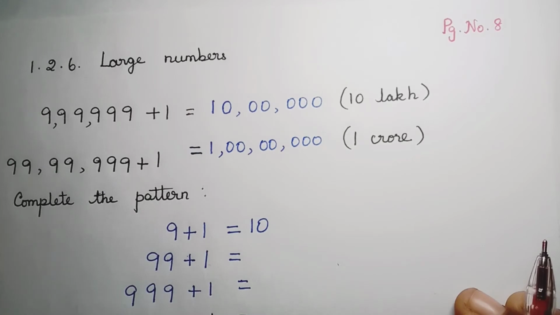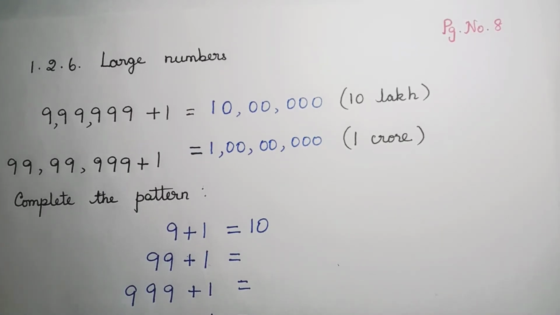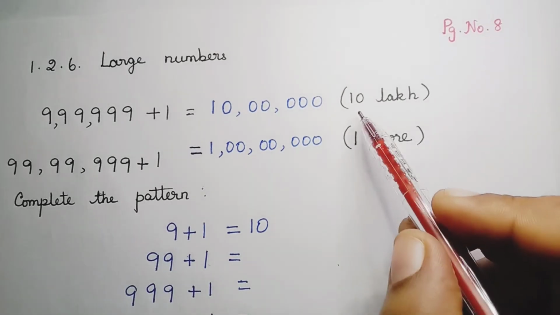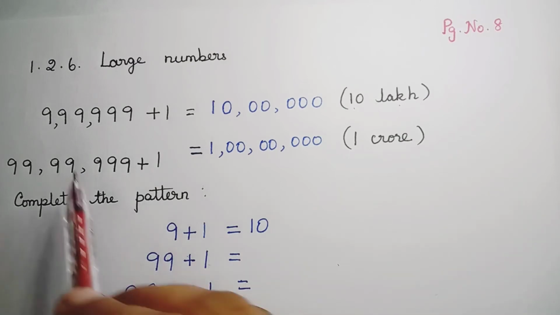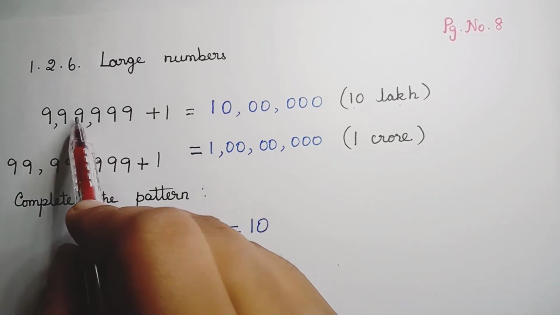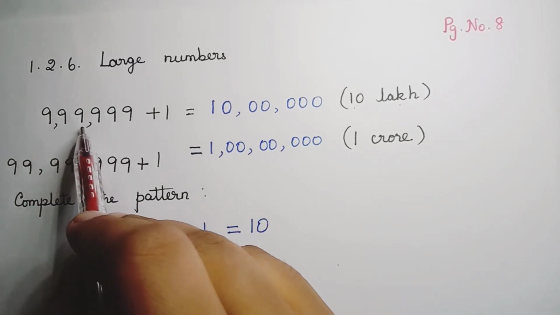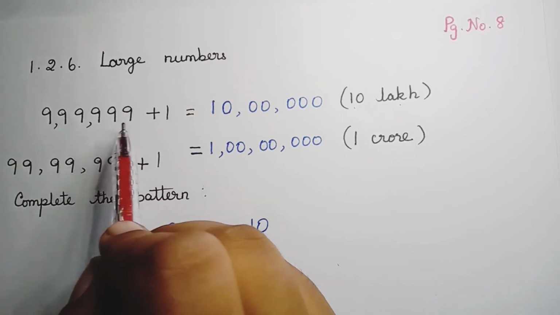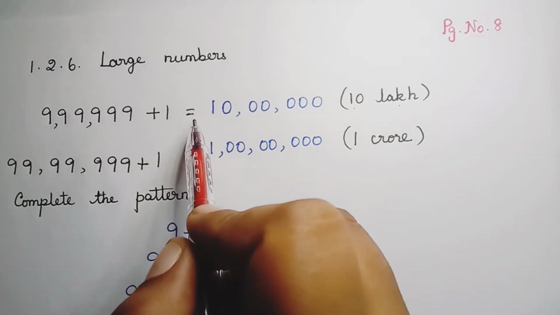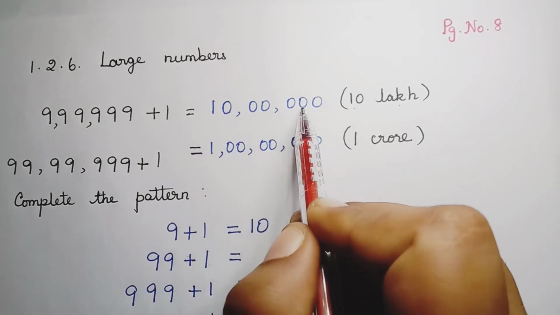So far we have learned up to 1 lakh. Now the next highest number, when you increase 1 zero, is 10 lakhs. This is 1, 2, 3, 4, 5, 6, so the highest 6 digit number. Highest 6 digit number plus 1 gives the smallest 7 digit number.